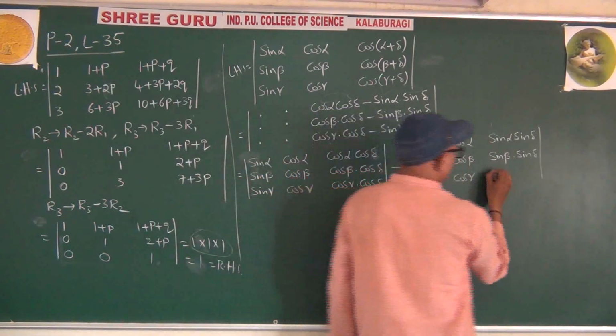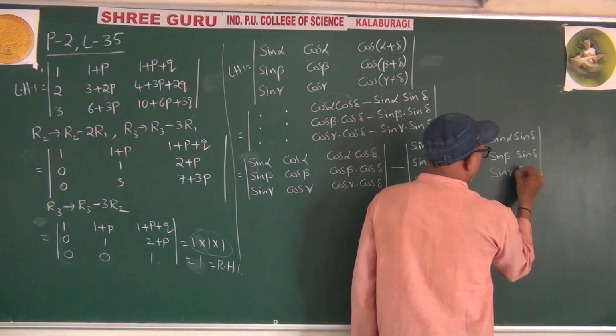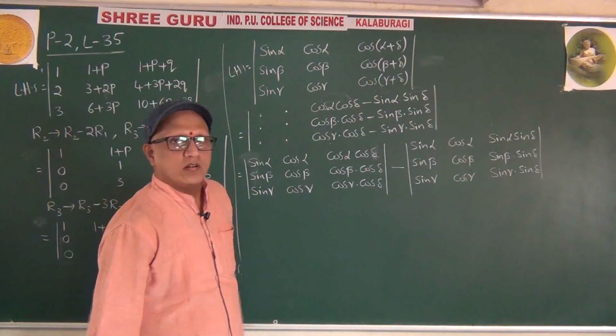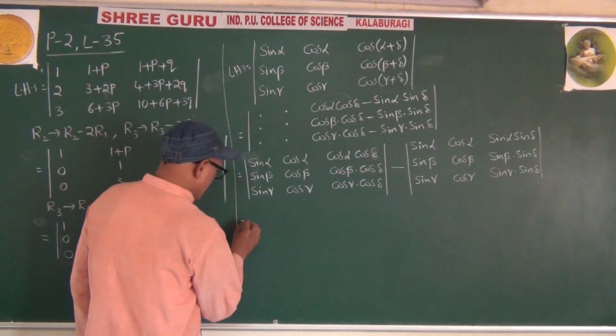Minus sin alpha sin delta, sin beta sin delta, sin gamma sin delta. Right? Equals to.